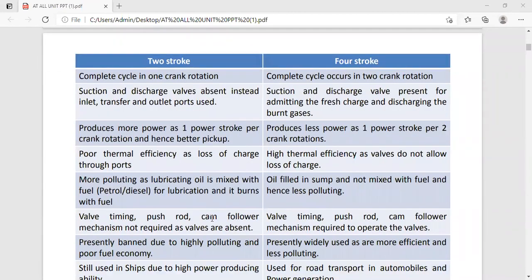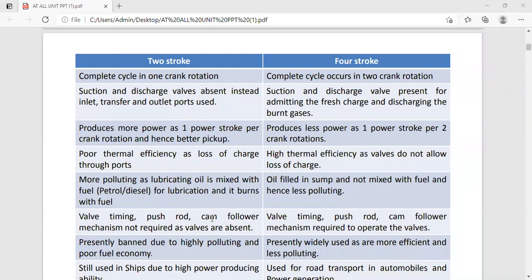And in case of the 4-stroke, the complete cycle occurs in 2 crank revolutions. Keep in mind, 1 revolution of the crank rotation in 2-stroke and 2 revolutions of the crank rotation in 4-stroke. This is the first point.